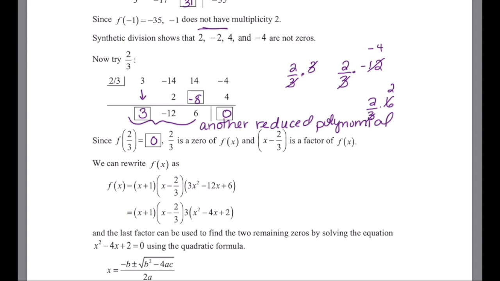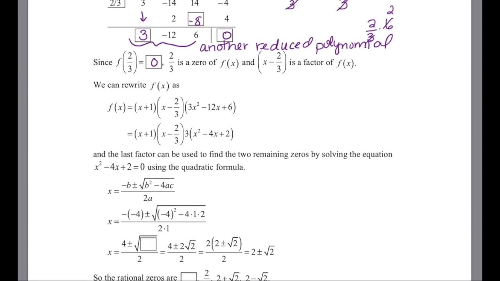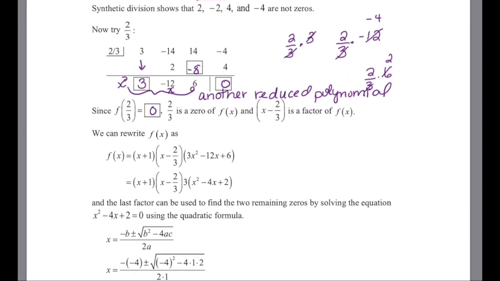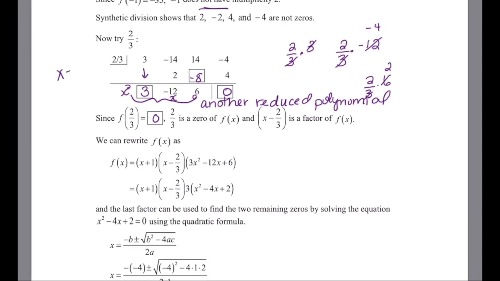So right now we have, and again this is 0 x's, x squareds, the coefficients. So I have x plus 1, and right now I tried x minus 2/3 or x equals 2/3. So when I subtract, I'll have x minus 2/3 equals 0.